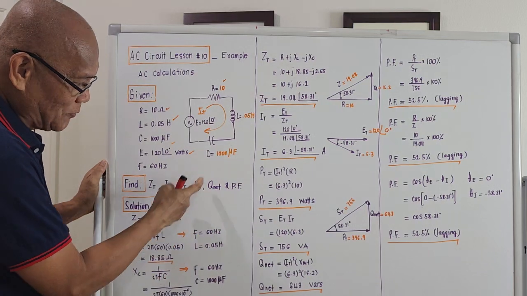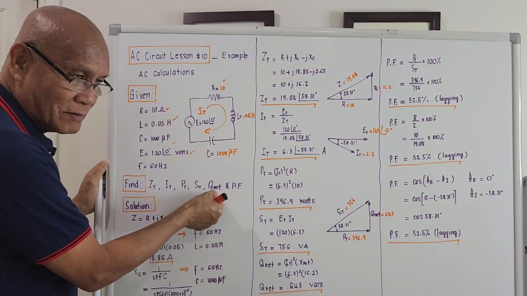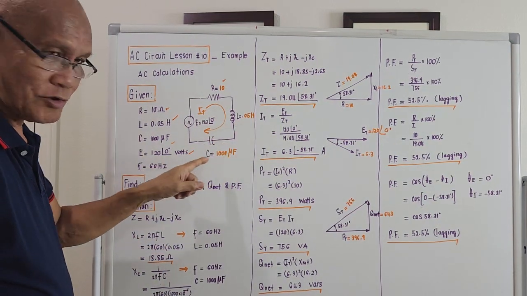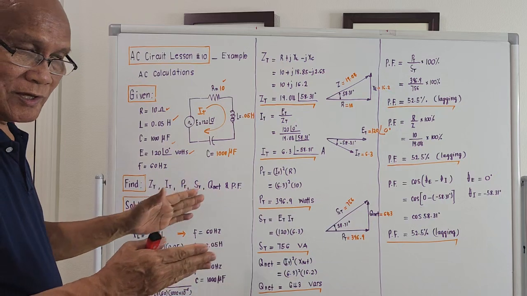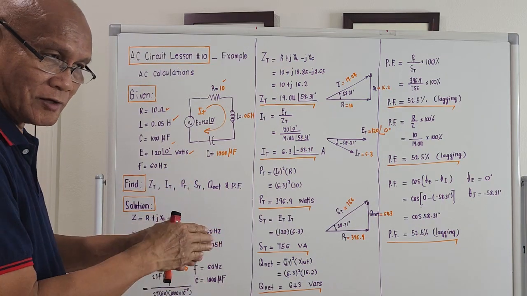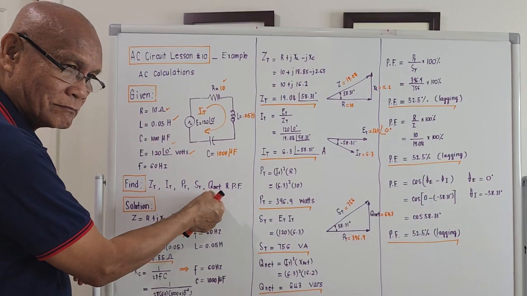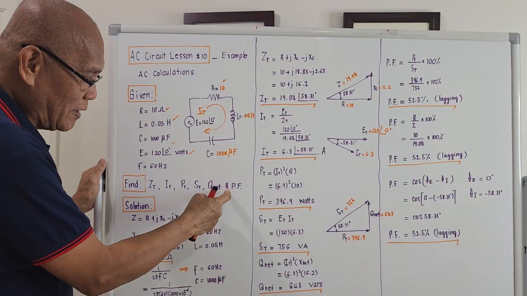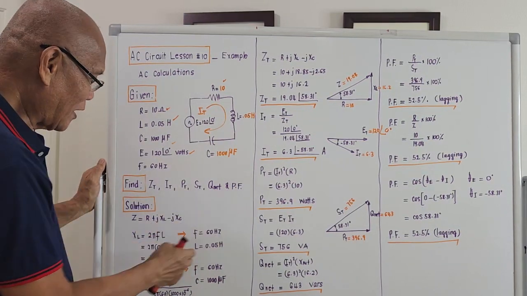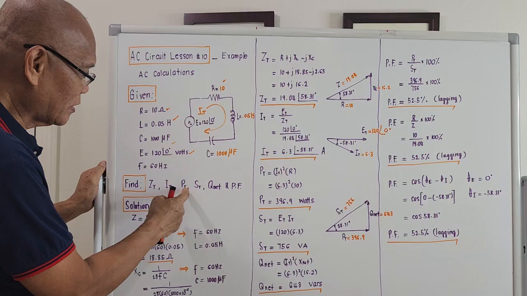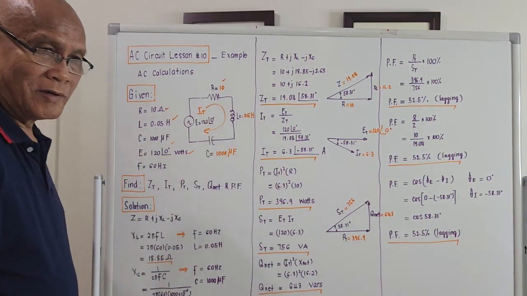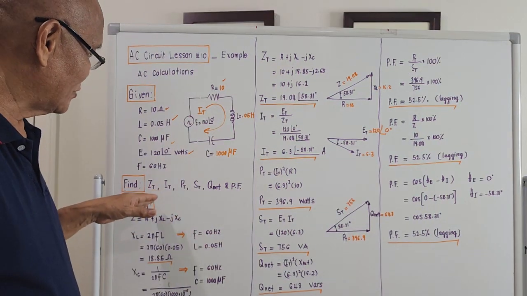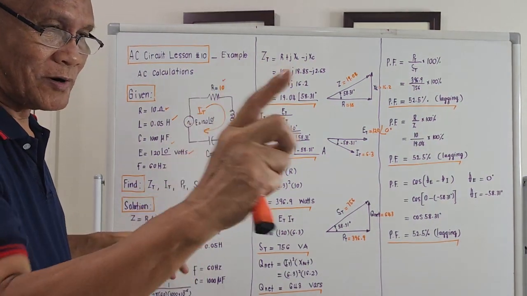The next one is capital Q with the subscript net, meaning net because there is an X of L and there is an X of C. Whatever the larger minus the smaller will be Q net. The last one is PF, meaning power factor. So how many unknowns do we have? 1, 2, 3, 4, 5, 6. If you are in the board exams, they may ask you six unknowns for one problem.